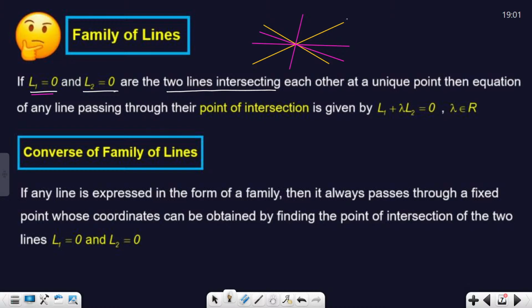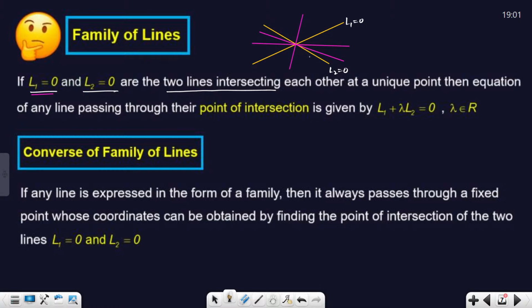Let us say this one is L1 equals 0. L1 is basically the equation of the line. And L2 equals 0. This is the equation of the second line. So through their intersection, an infinite number of lines are passing. Now writing all those lines in one equation is what is called your family of lines.